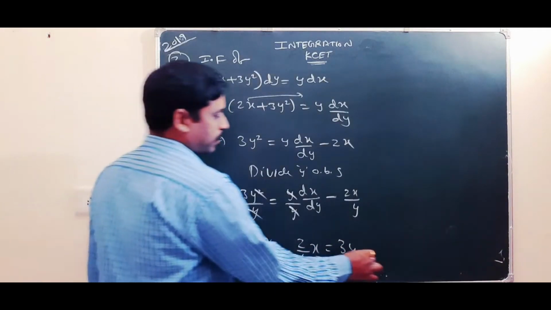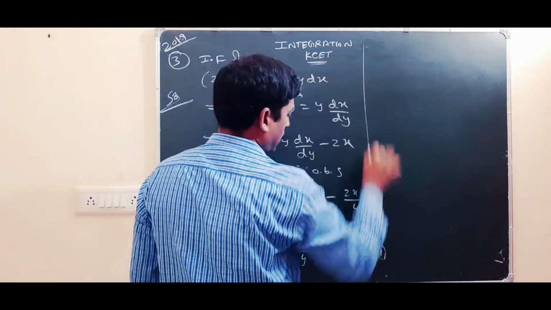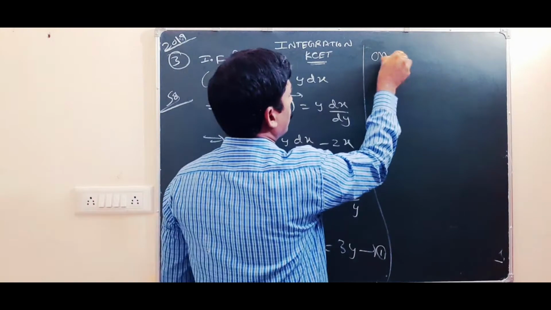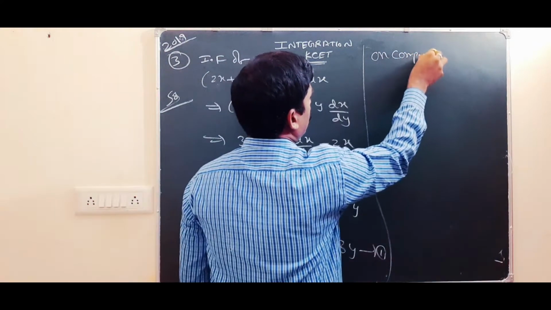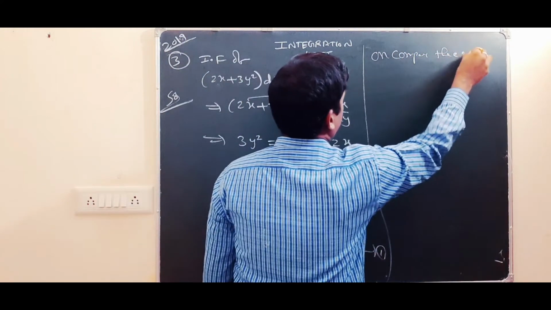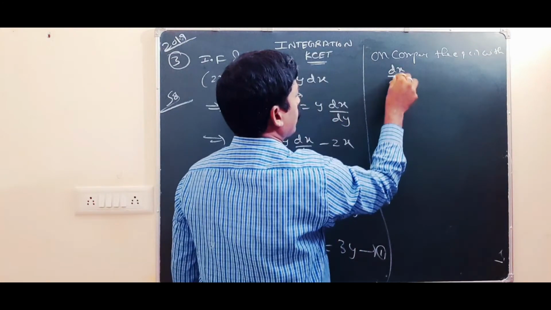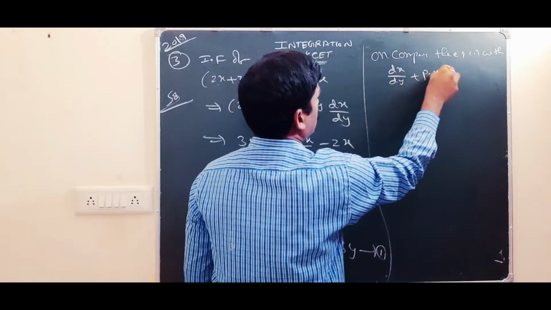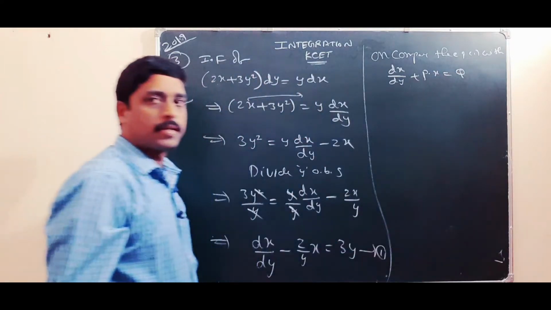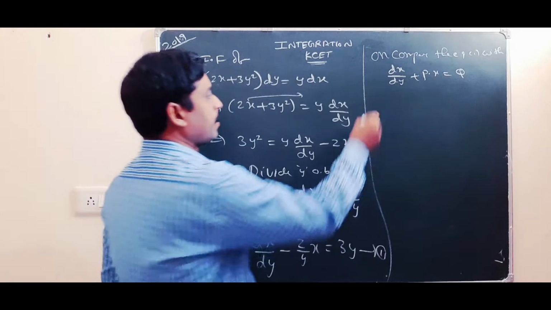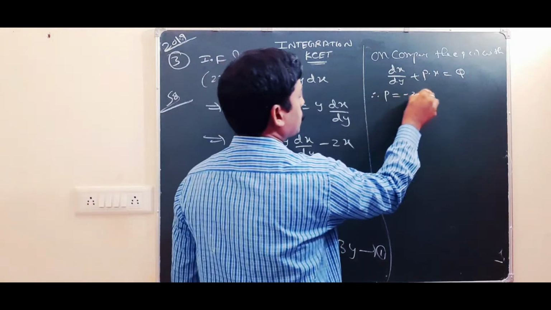Okay, let us take this as equation 1. Our target is the integrating factor. On comparing equation 1 with dx by dy plus Px is equal to Q, where P value is minus 2 by y. Therefore P is equal to minus 2 by y.